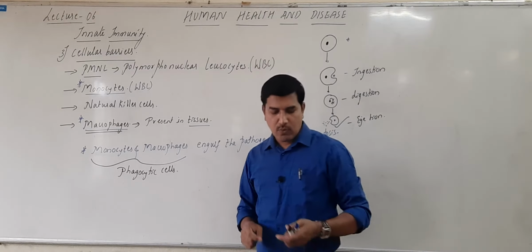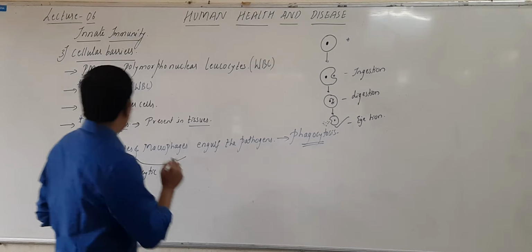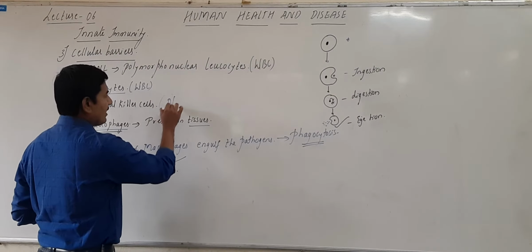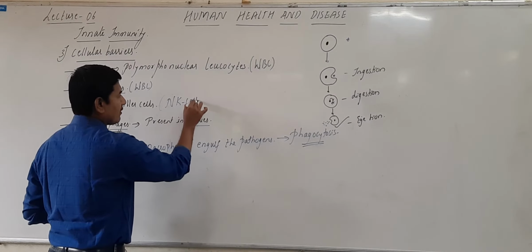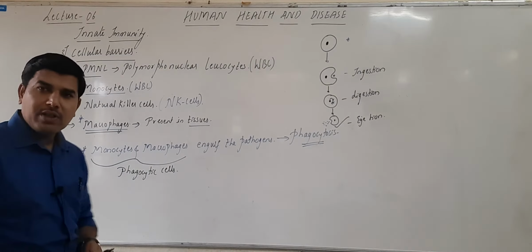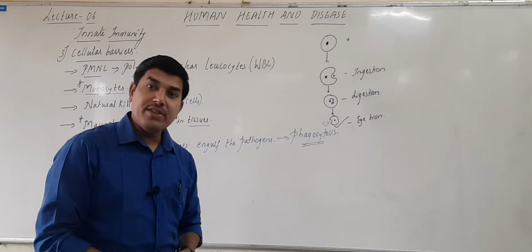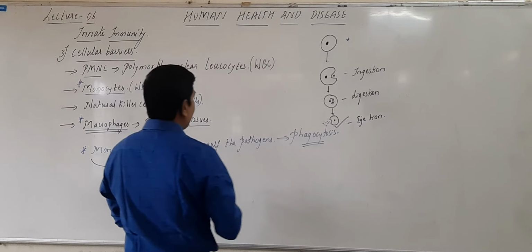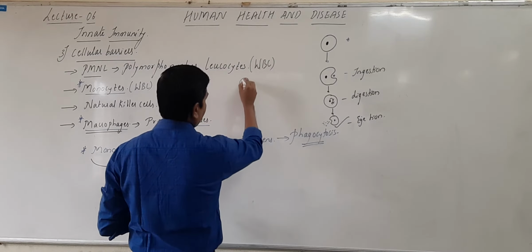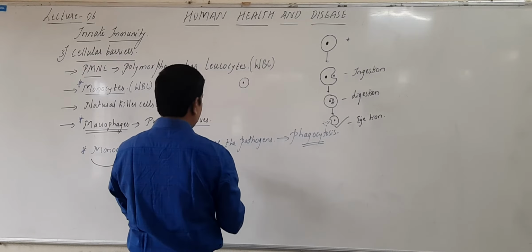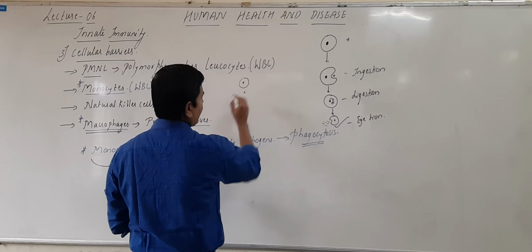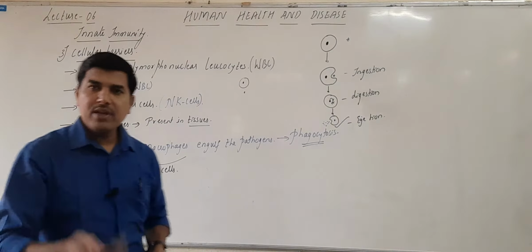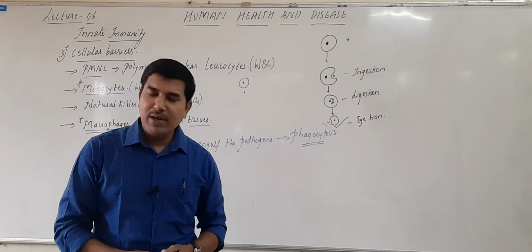Natural killer cells, we also call them NK cells. These natural killer cells identify the pathogen which is moving in the body, in the blood.